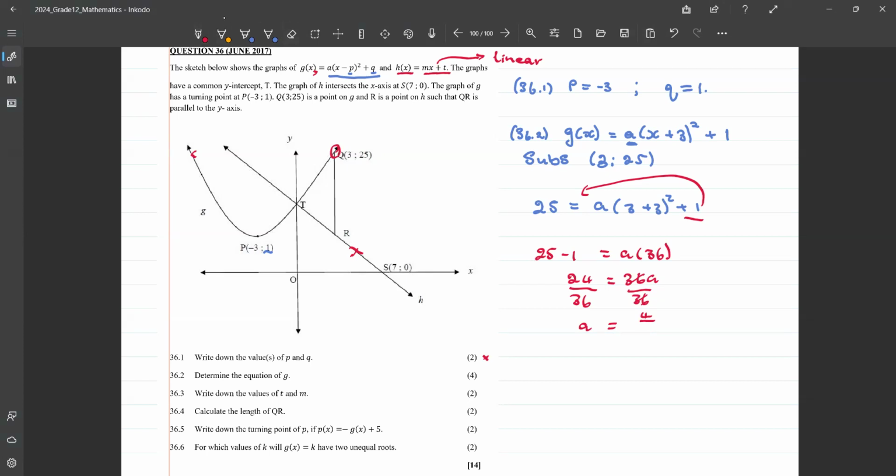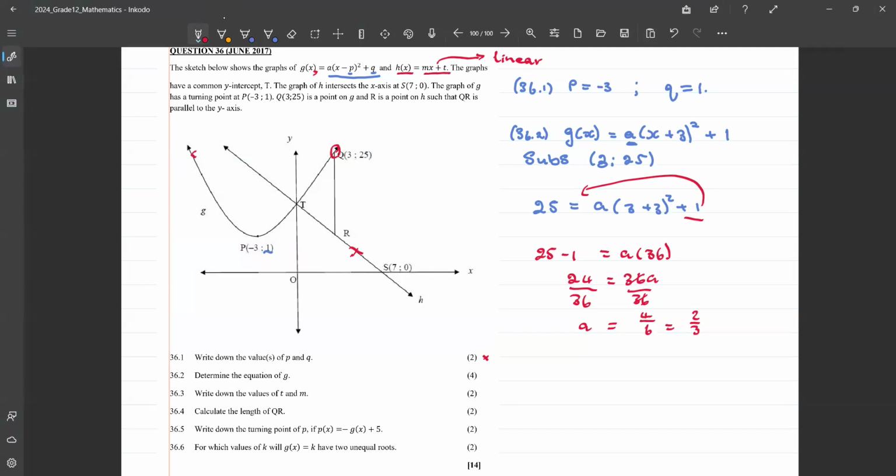My apologies, it goes 6 times. And if we simplify this further, we're going to get 2 over 3. Oh yeah, we should have used 12 in this context. All right, so that's the value of a.